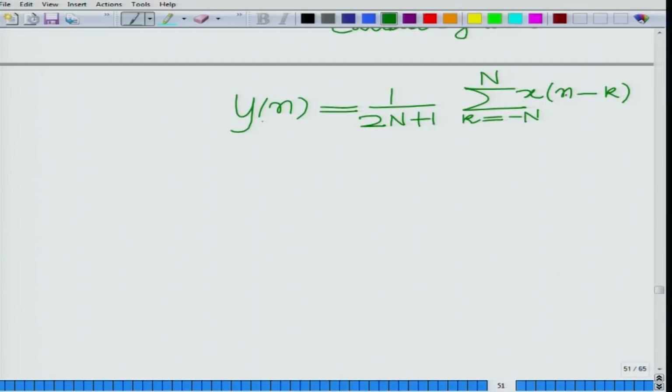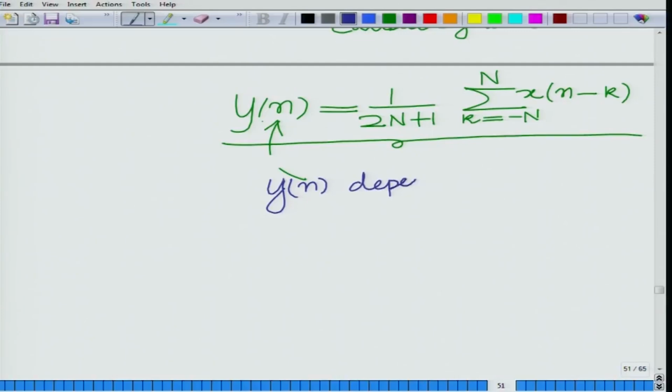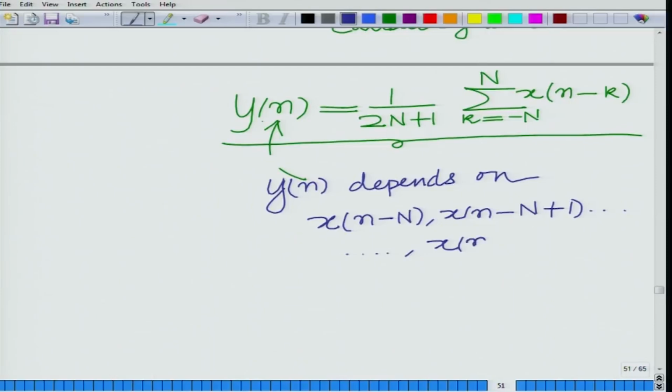You can see this goes from n minus N. So if you look at y[n], it depends on x[n minus N], x[n minus N plus 1], and so on until x[n plus N].